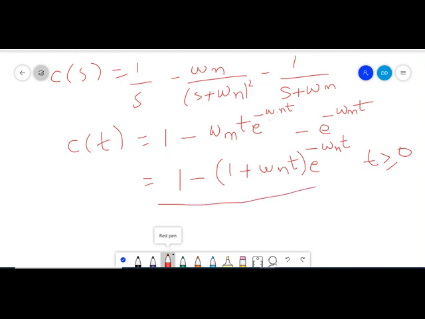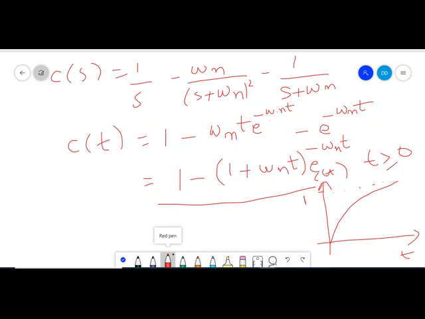This is the response of a critically damped system. Then the output you obtain will be exponentially increasing. The steady state value is 1. This is C of t, this is t. So this is the response of a critically damped second order system.